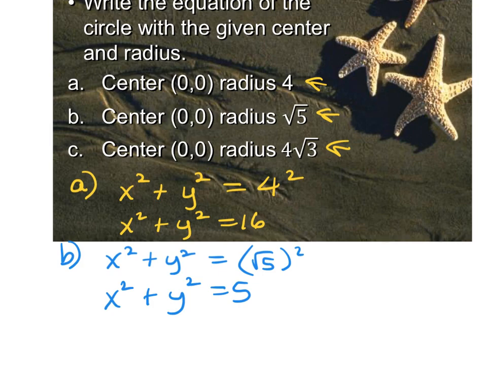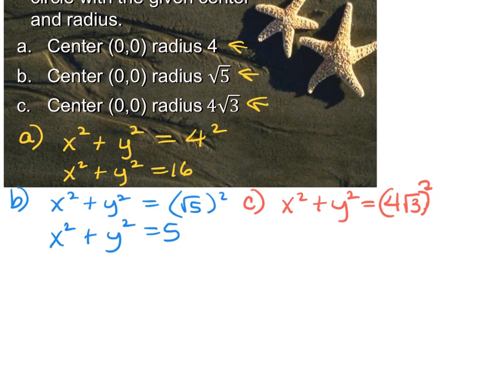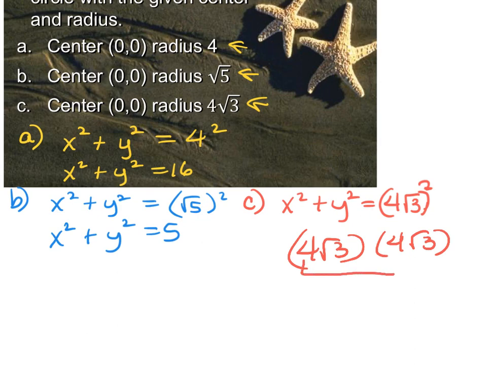And lastly, example C, still using x squared plus y squared. This one's a little bit more work because it's 4 times the square root of 3, squared. So for this one, I am doing 4 square root of 3 times 4 square root of 3. Remember, when you multiply numbers that are outside of a radical with a radical, we do the 2 outside numbers together.